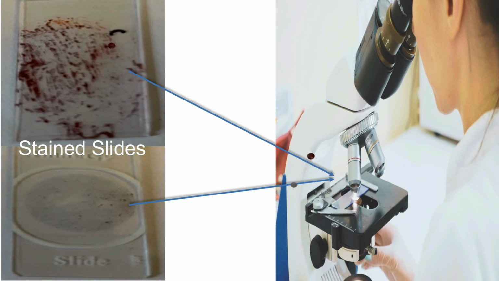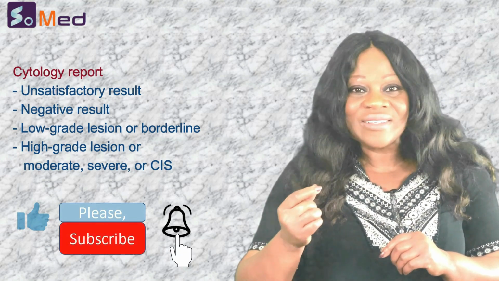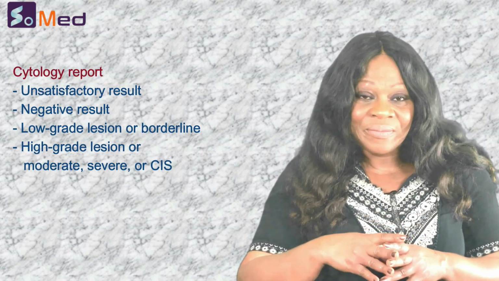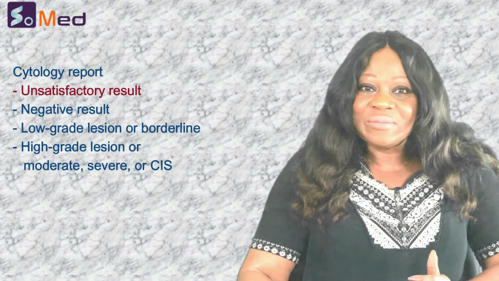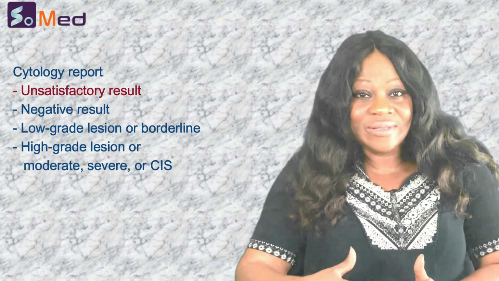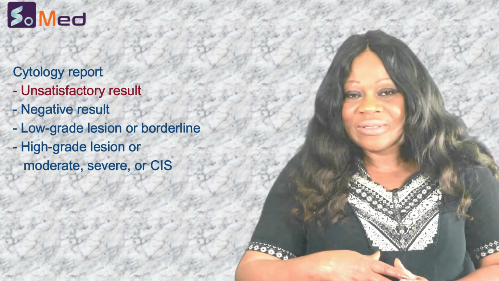Smear reports sent to women will include any infectious agent detected, plus the cellular abnormality grade present and the action recommended for management of the patient. If the result is unsatisfactory due to cells being scanty or obscured by blood or inflammatory cells, the test will need to be repeated in about 6 months.